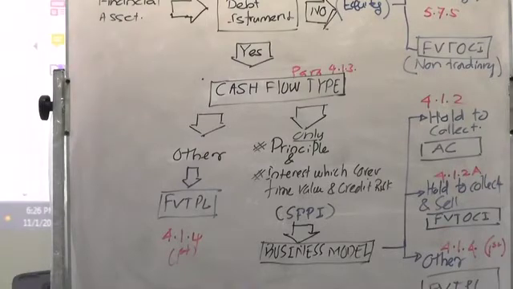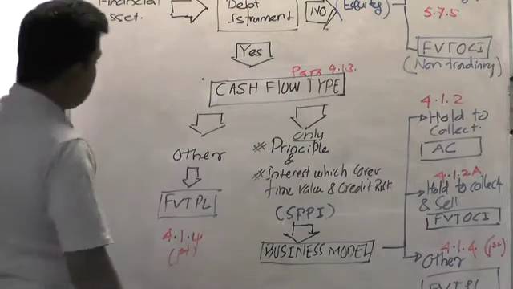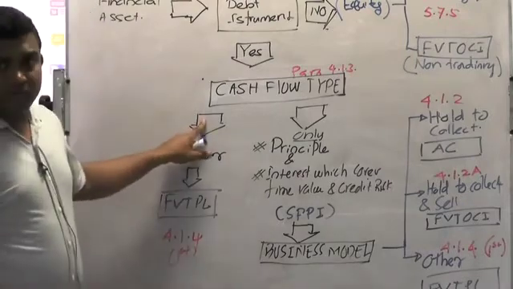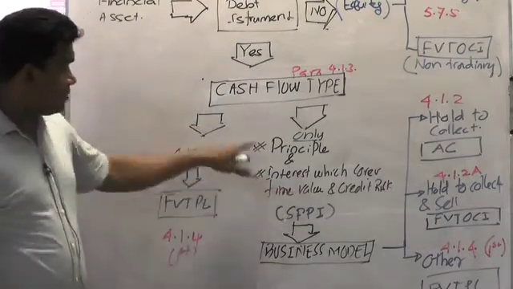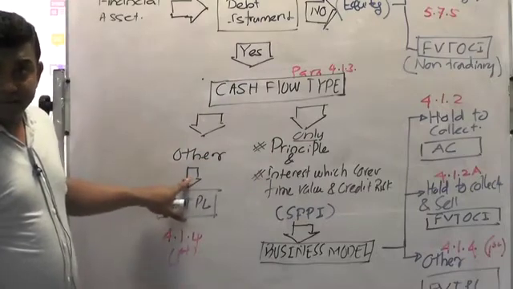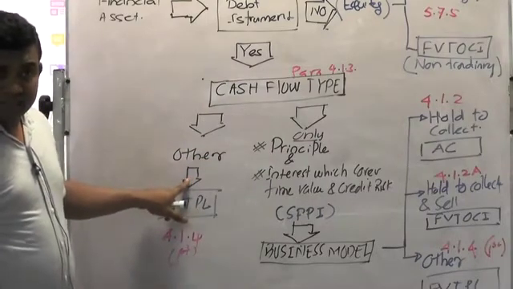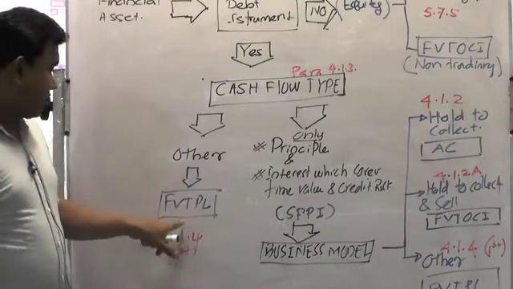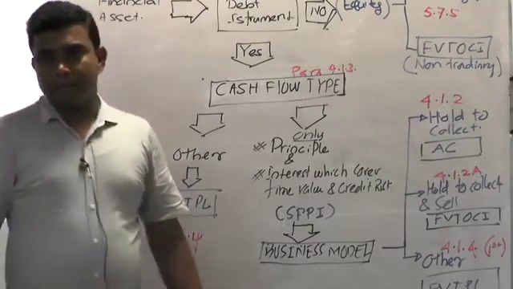Even though they charge interest, that interest does not cover the time value of money; it covers something else, a commodity price. Therefore, a loan granted with interest on commodity price not satisfying SPPI comes under the other category. Is that clear? Therefore, it is fair value through P&L.